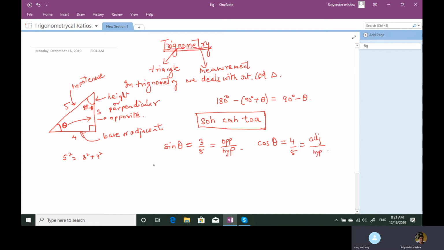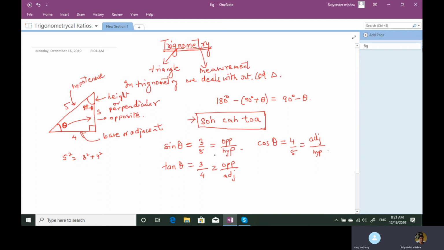Now T for tan. Tan theta is opposite by adjacent. Opposite is 3 and adjacent is 4, so you can write opposite by adjacent.